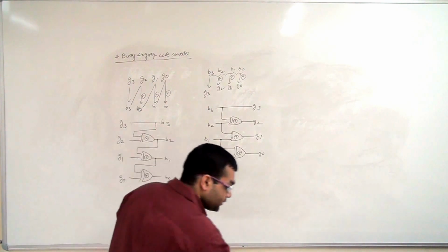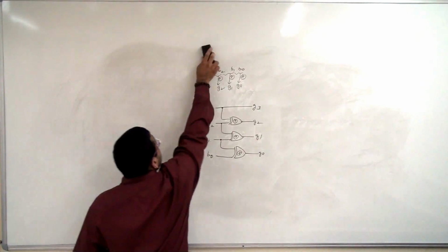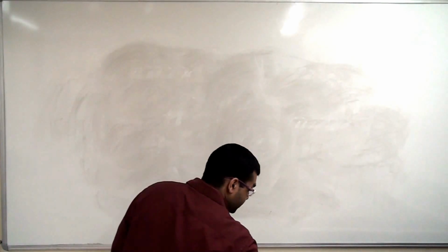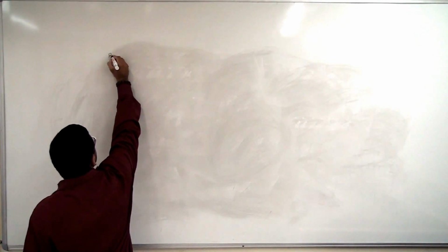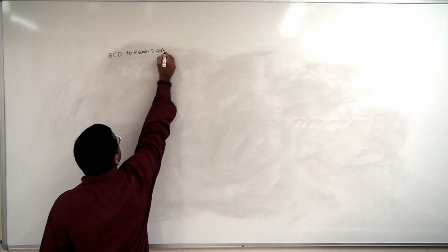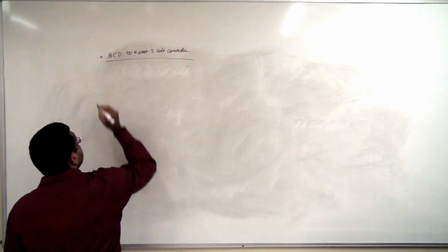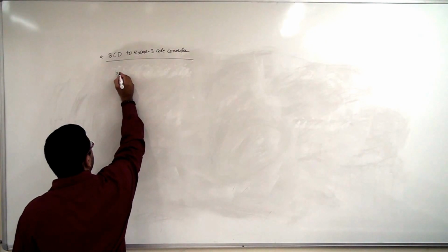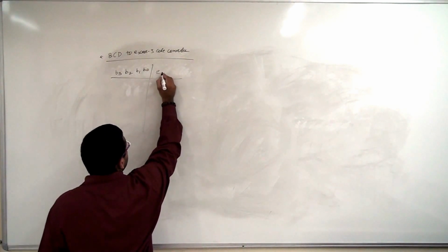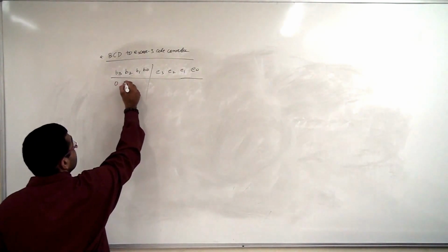Alright. Let us talk about another code converter. That is BCD to XS3 code converter. We have 4 bits of BCD number. BCD numbers are from 0 to 9, and we have the XS3 codes. This 0, 0, 0, 0.